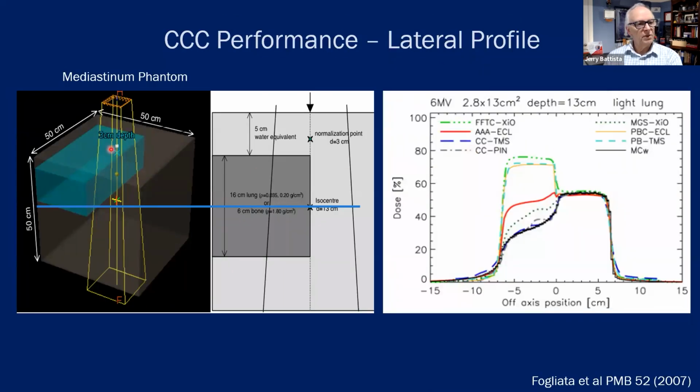Here's a very complicated case. This is a low density object. This is all water except for that. It's like a lung. And if you go across and take a profile, the old methods that do not take electrons into account would predict that if you're in the shadow of that block, or even a partial shadow, the dose would go up. Intuitively, that's what you would expect.